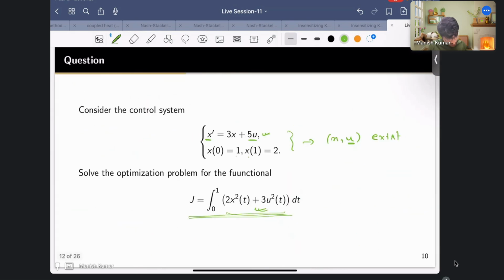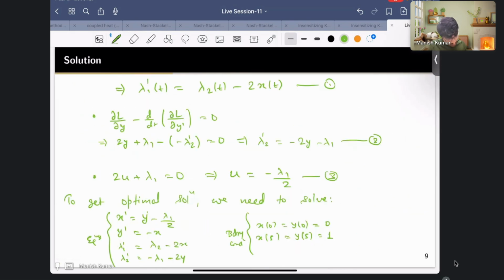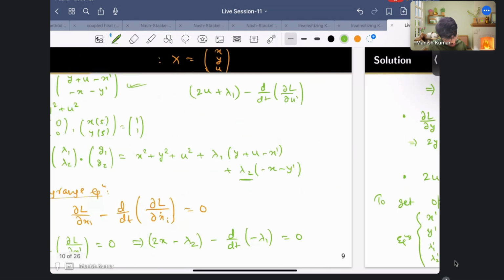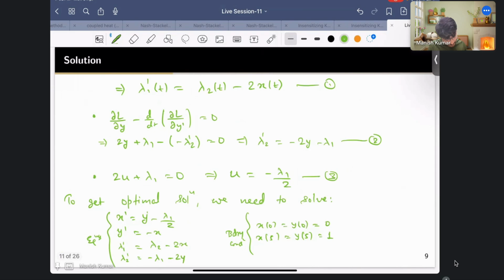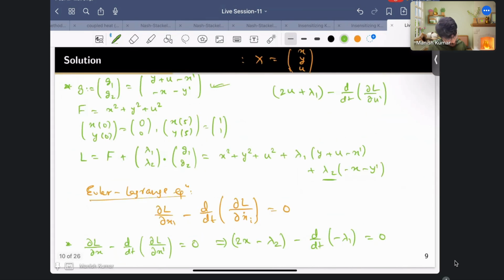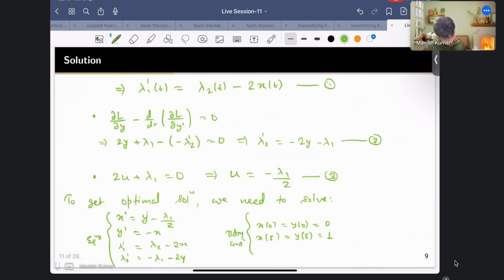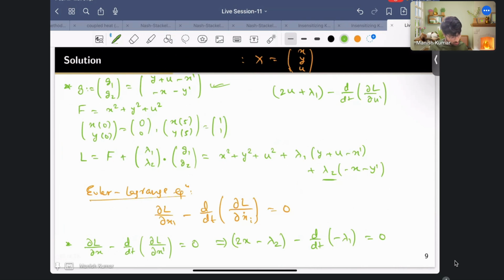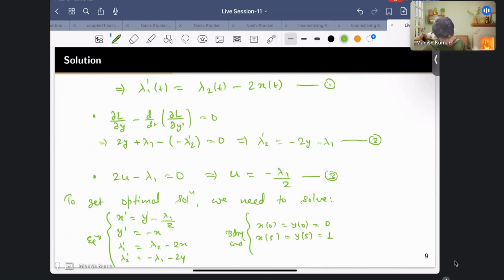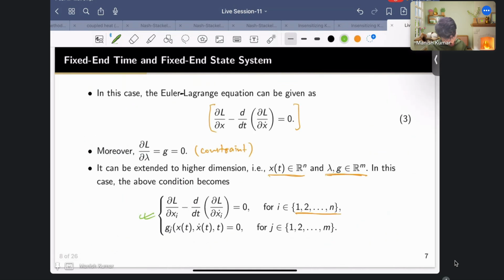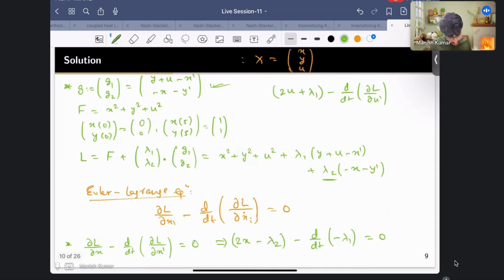If I do del L by del u, I'll get minus lambda 1. Here I'll get minus lambda 1. Let's see, here is a minus sign. Okay, so I think I did a wrong calculation.